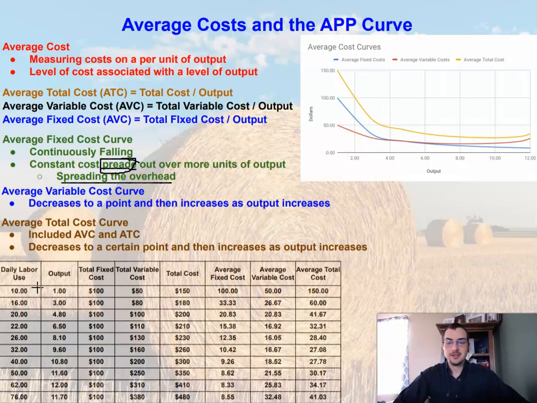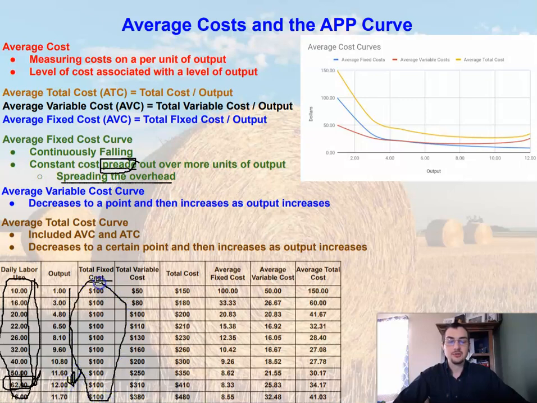So let's think about this. As we use more units of labor up until we get to the 62 hours mark, it's at that point in time that we hit the peak in our production function. And as long as we use more labor, our output is going to continuously increase. But what's happening to our fixed costs?